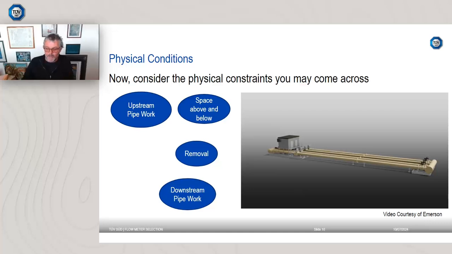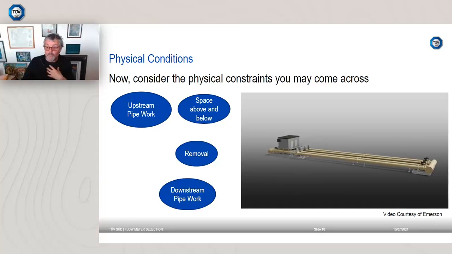Removal, again, I've just mentioned that, folks. Most of these meters will have to undergo some sort of calibration. Very often, in the case of ultrasonic meters, Coriolis meters, EMF meters, that's done by removal and recalibration at a third-party facility, like the facilities we operate here at TÜV Süd in Glasgow.